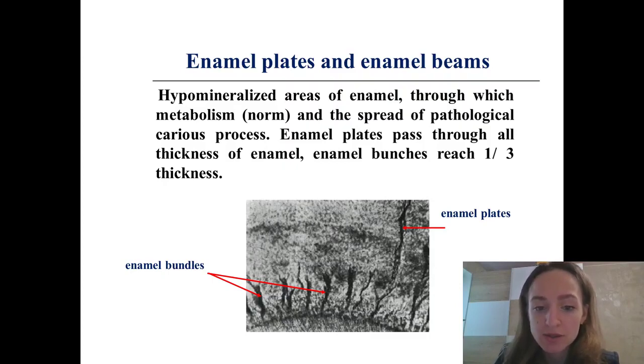They are continuous around a tooth and usually lie parallel to the cementum enamel junction and each other. Rods vary in number from approximately 5 million for mandibular incisors to about 12 million for maxillary molars.